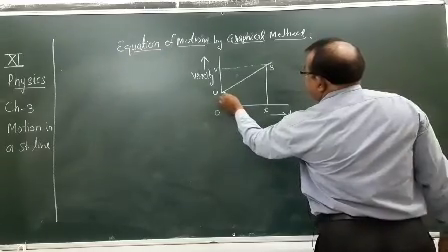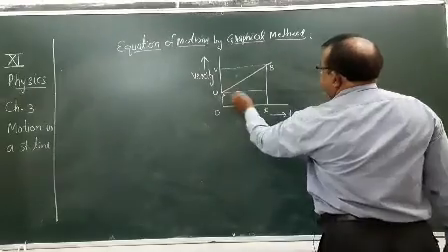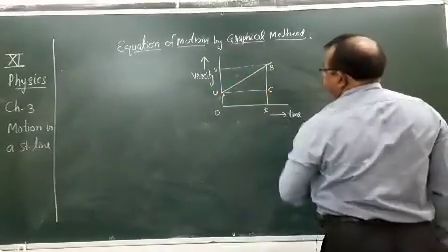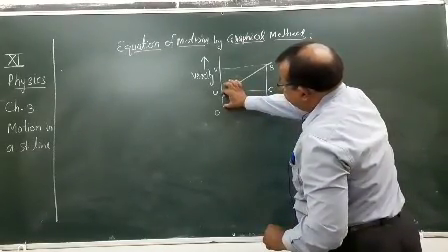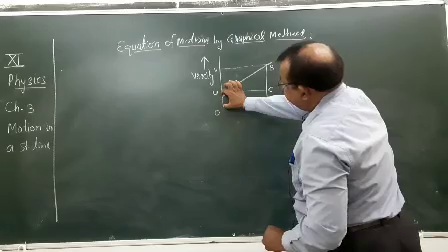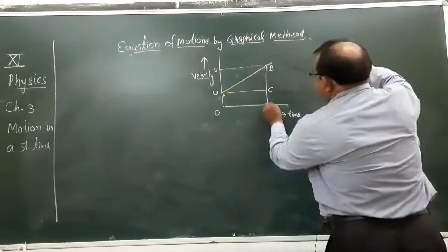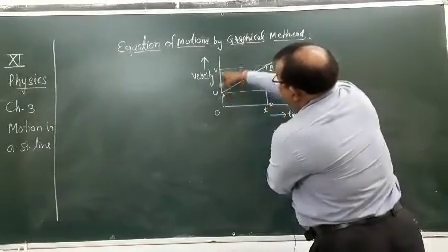So if we complete this right angle triangle ABC, and suppose this is C point. So children, this height is the distance u, and suppose this point is D. D to B is v, velocity v.